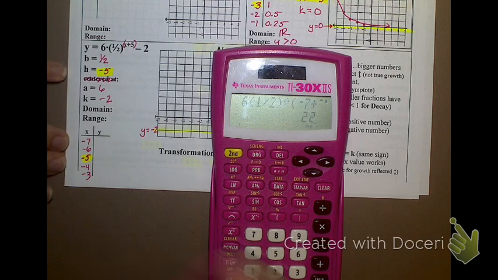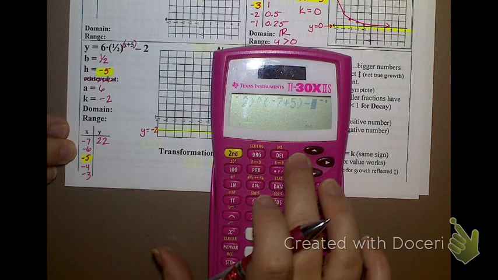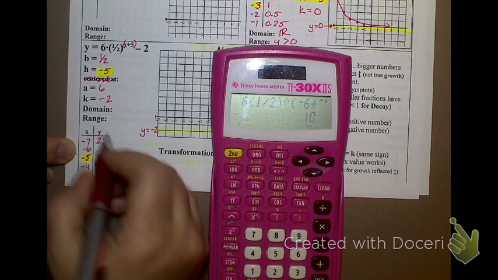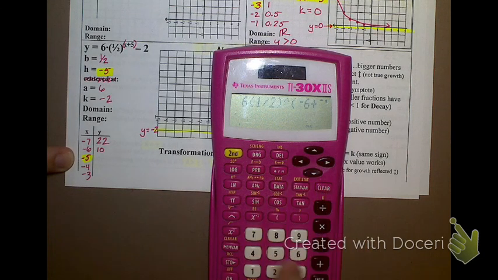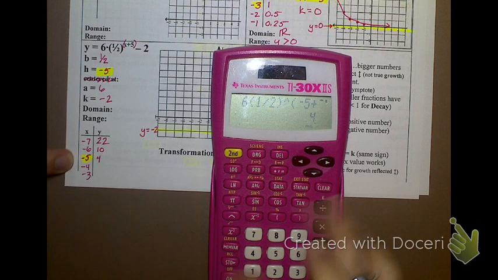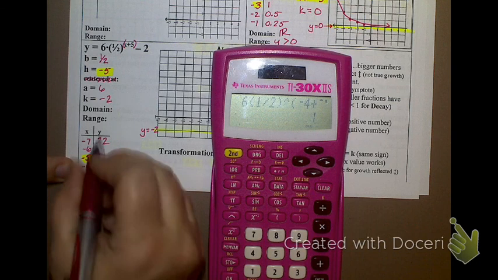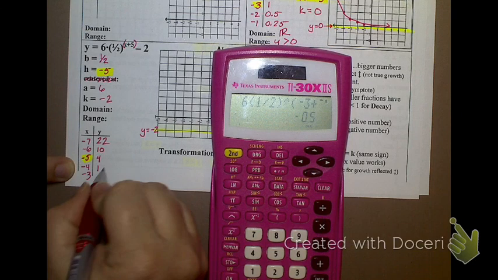And I get 22. Now I'm going to go change that negative 7 to a negative 6, and I get 10. Change it to a negative 5, and I get 4. Change it to a negative 4, and I get 1, and change it to a negative 3, and I get negative 0.5.